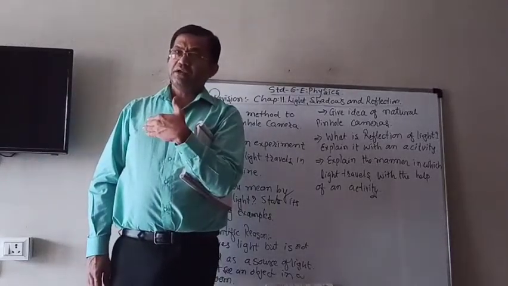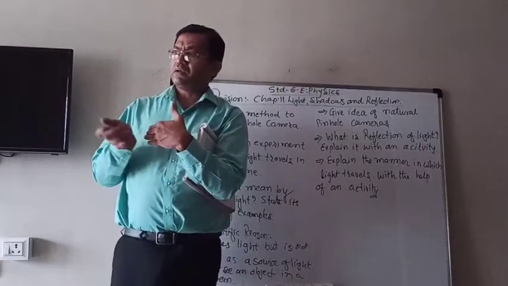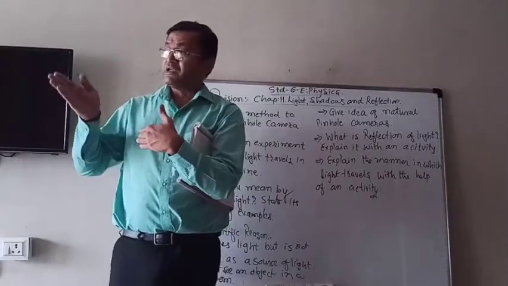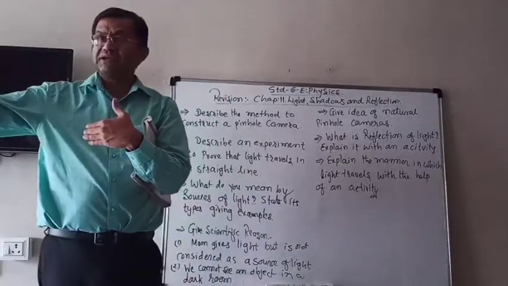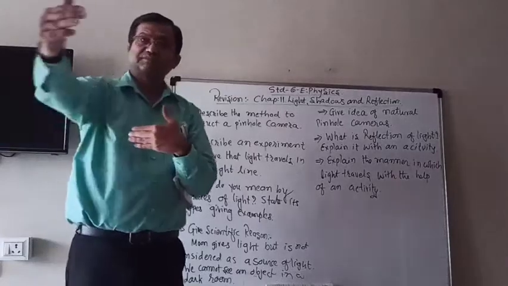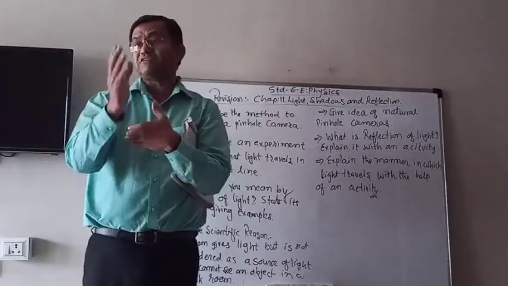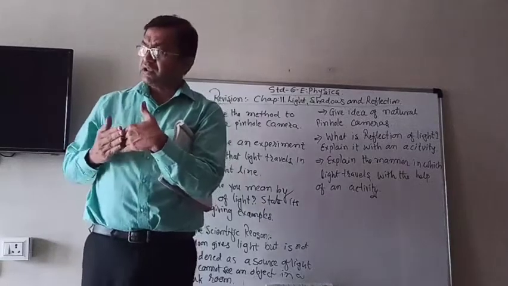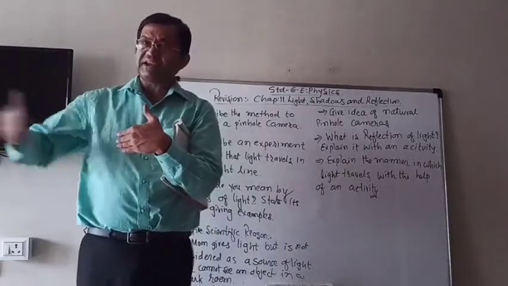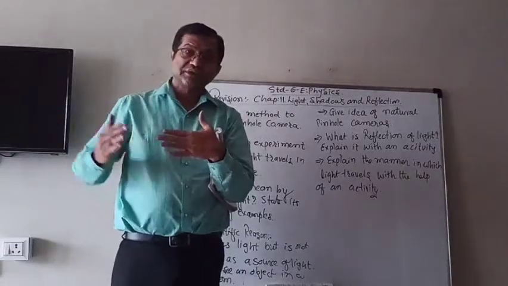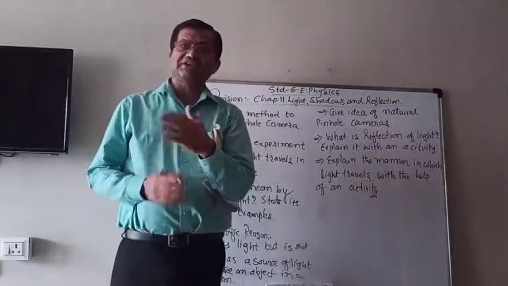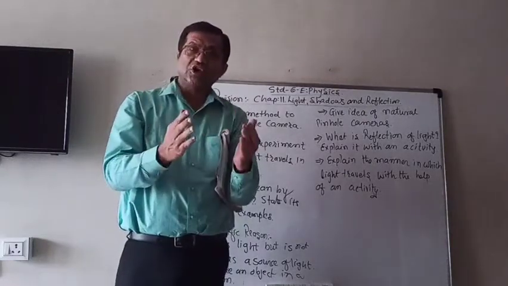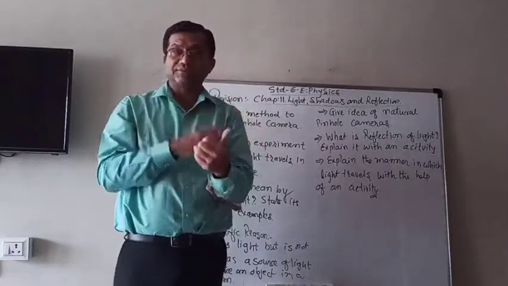Then adjust the torch such that when the light passes to that mirror, it will reflect, and that reflection will fall on your friend. It means that the light generally travels in a straight line, and then it changes direction the other way. So that is called the reflection of light.